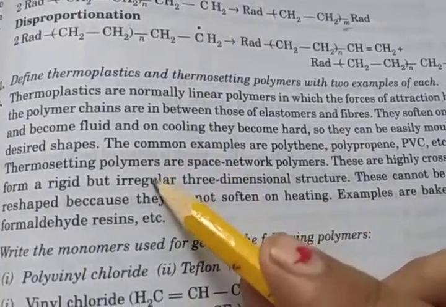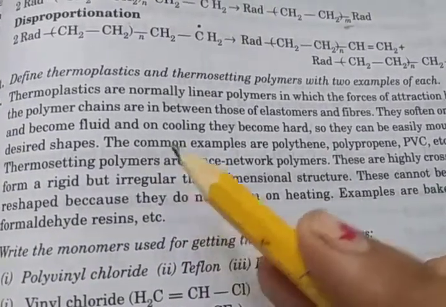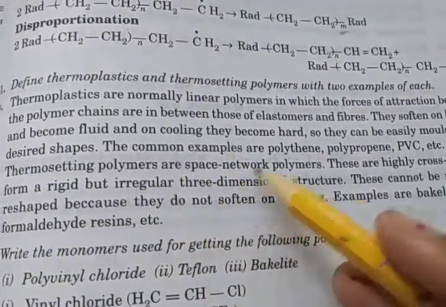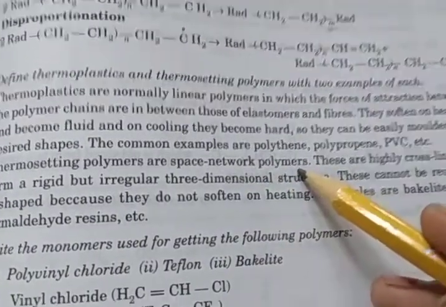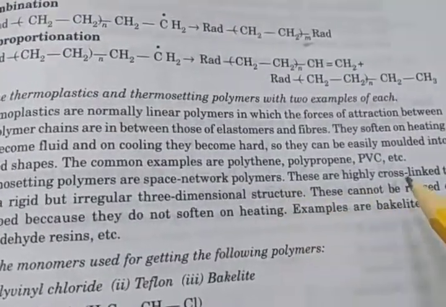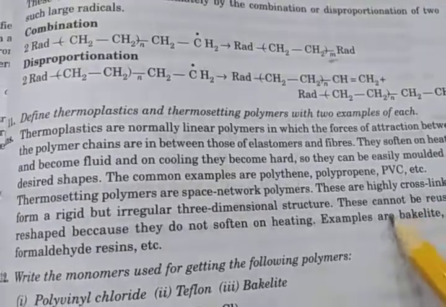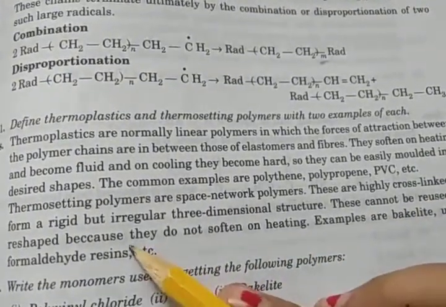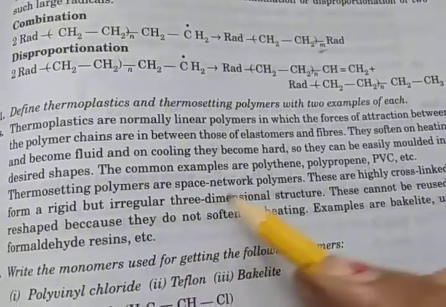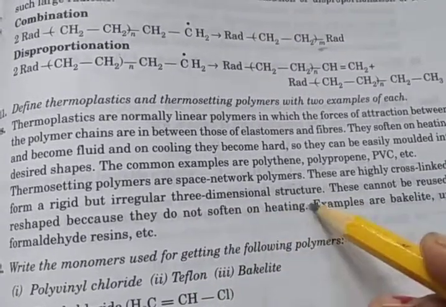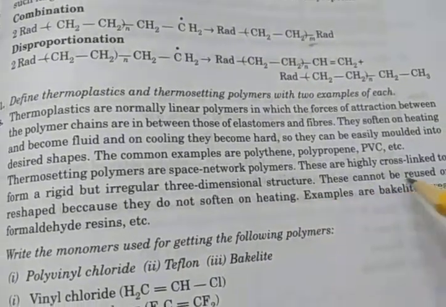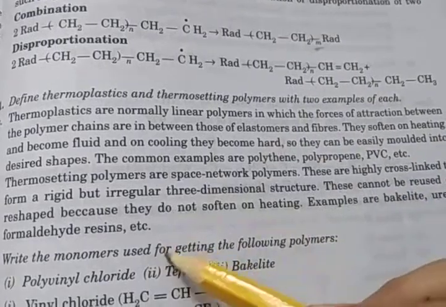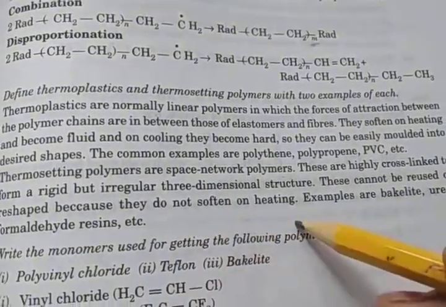The second one is thermosetting polymers. Thermosetting polymers are space network polymers. These are highly cross-linked to form a rigid but irregular 3-dimensional structure, and they cannot be reused or reshaped because they do not soften on heating.